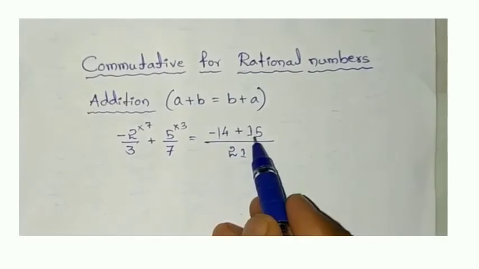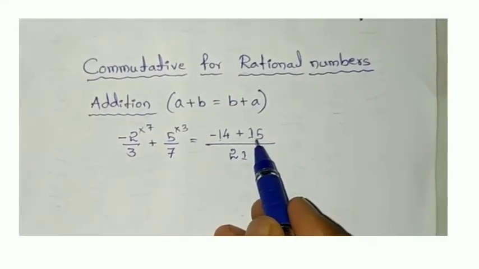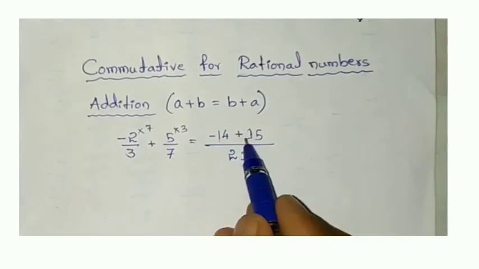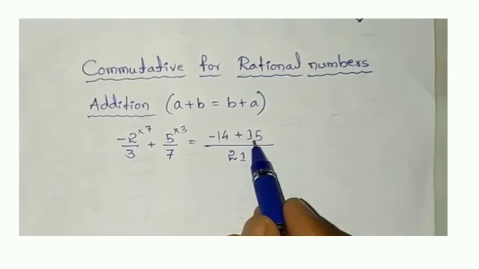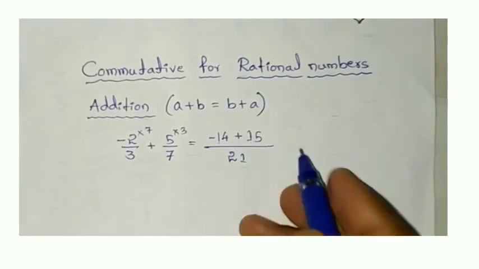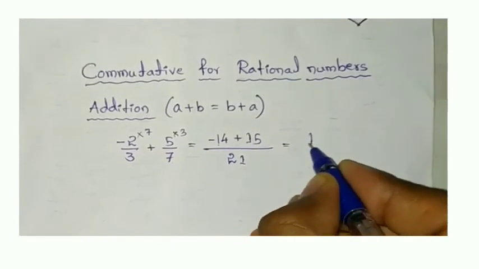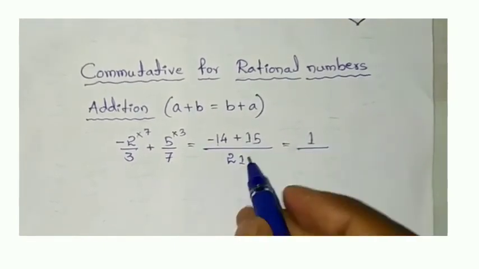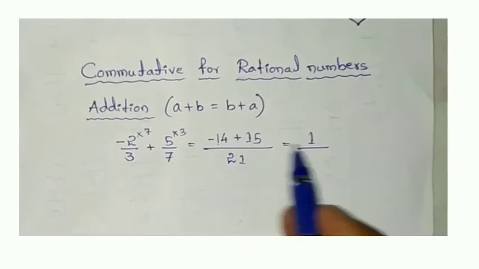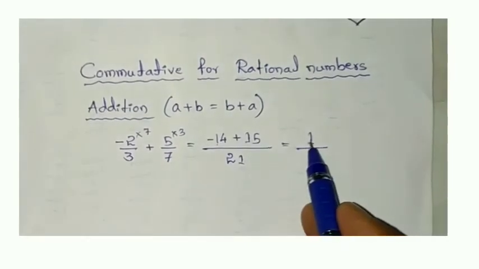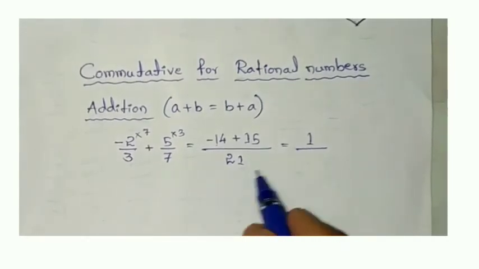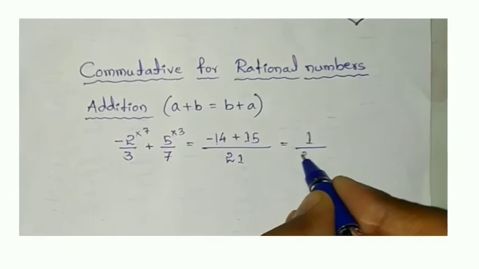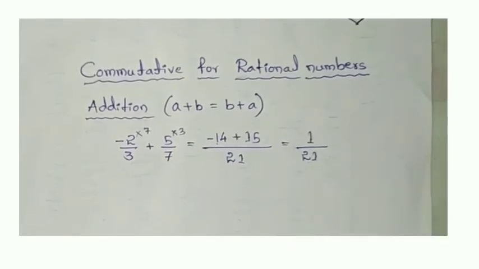So minus 14 and here plus 15. Here opposite signs are there, so you have to do the subtraction. 15 minus 14, you will get 1. The bigger number's sign is plus, so the answer is 1 divided by 21, because the denominator is 21.